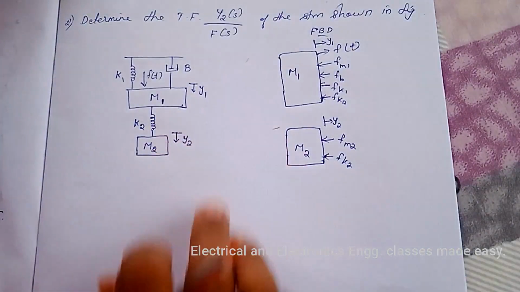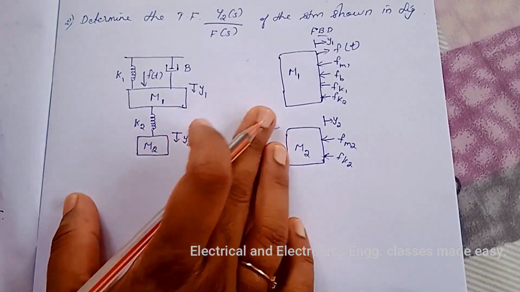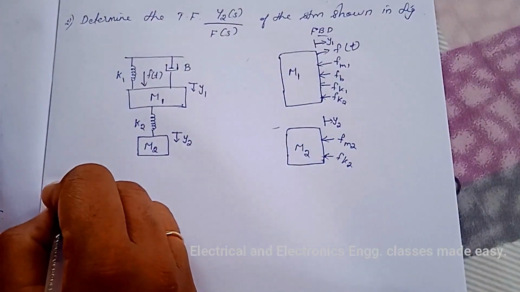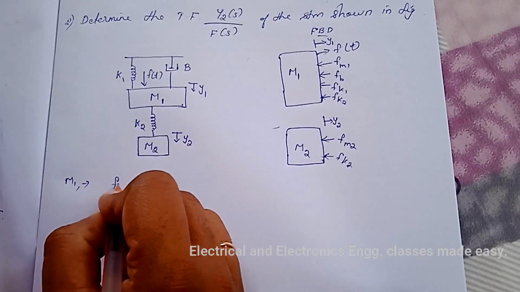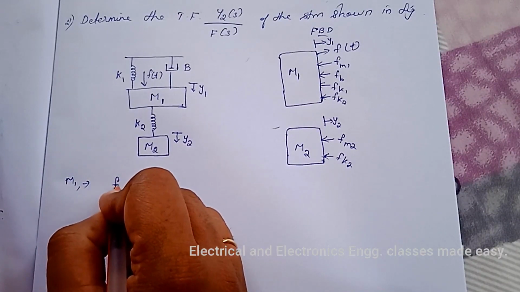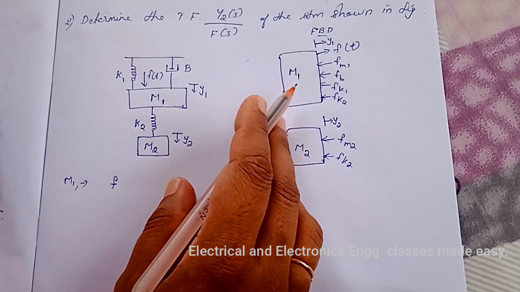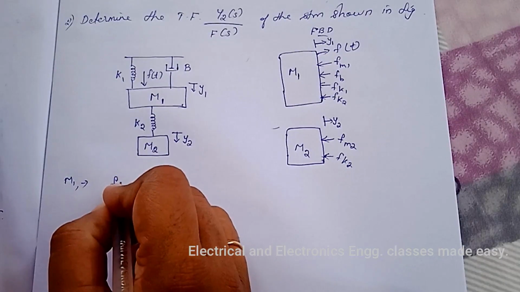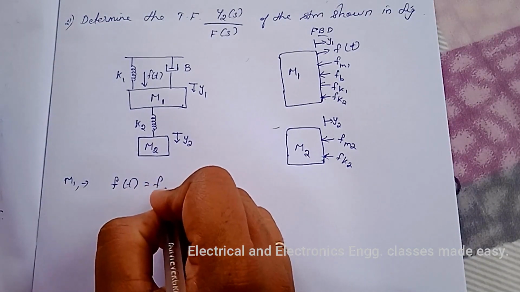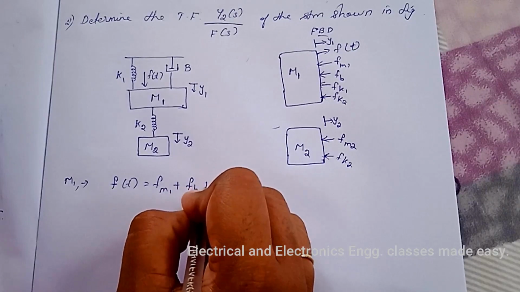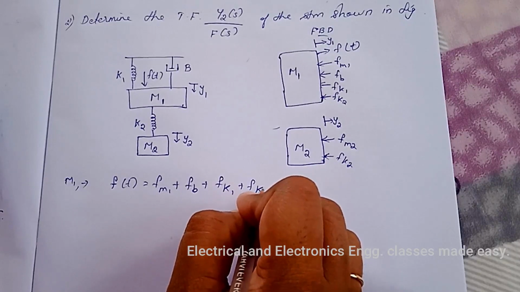Now we have to write the differential equations. For the first free body diagram for M1, we can write by Newton's second law, sum of applied forces is equal to sum of opposing forces. That is, we can write F(t) equal to FM1 plus FB plus FK1 plus FK2.